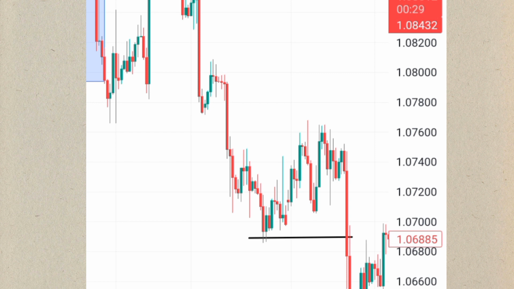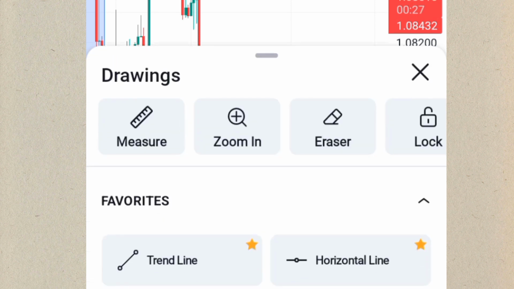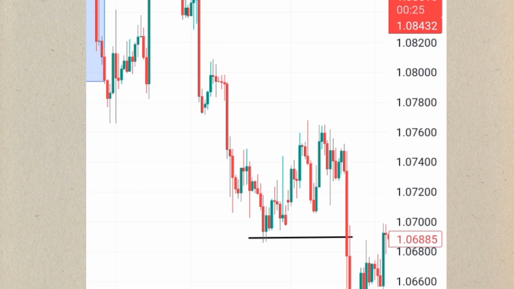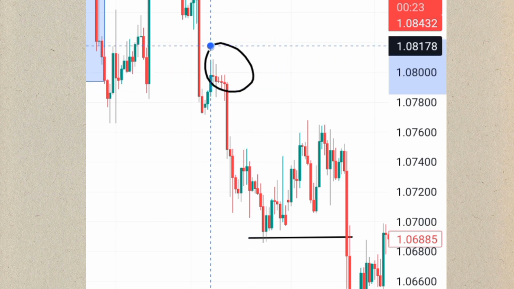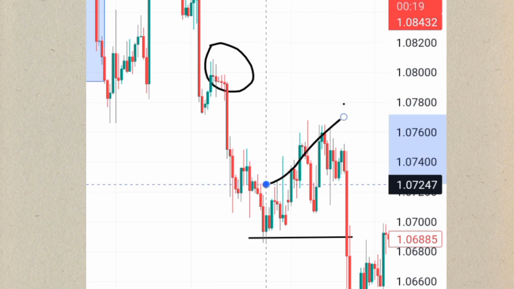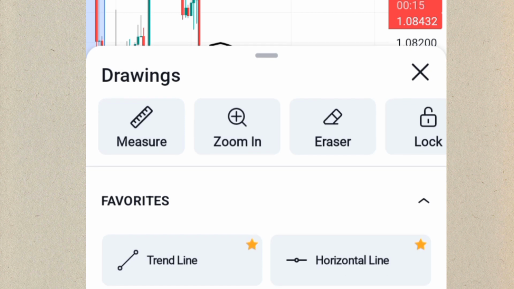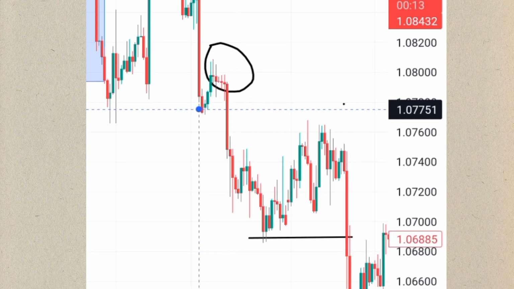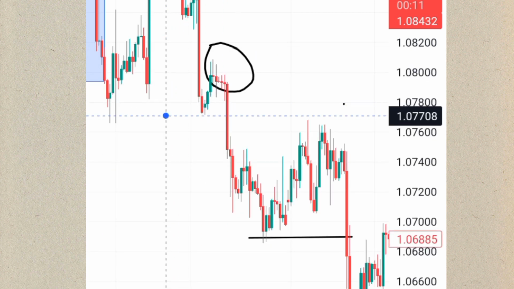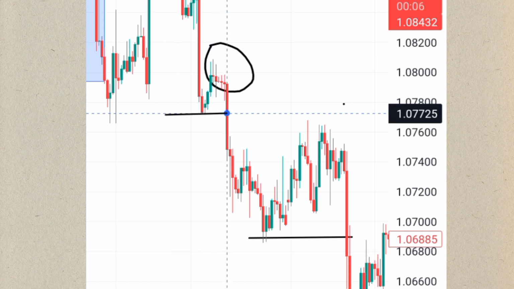If you see very clearly, this is the higher low that made the break of structure to the downside, right, guys? As you can see here, there was a break to the downside.